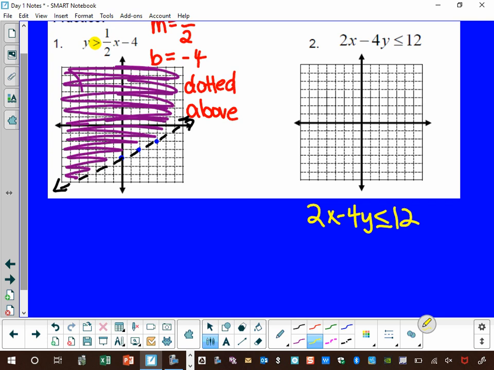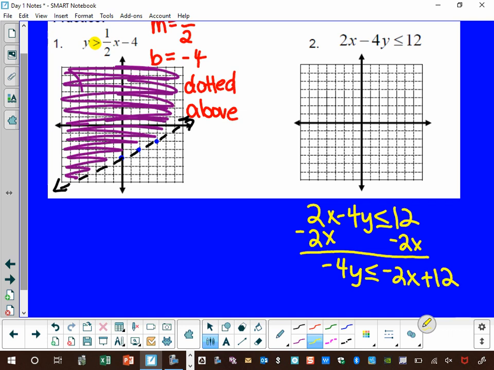Let's solve for y. How do I solve for y here? What needs to go? Yeah, let's do 2x. I'm going to subtract 2x from both sides. And I'm left with negative 4y is less than or equal to negative 2x plus 12.